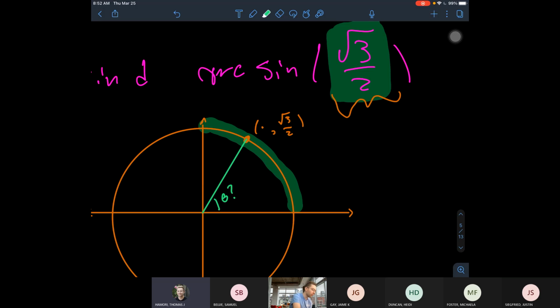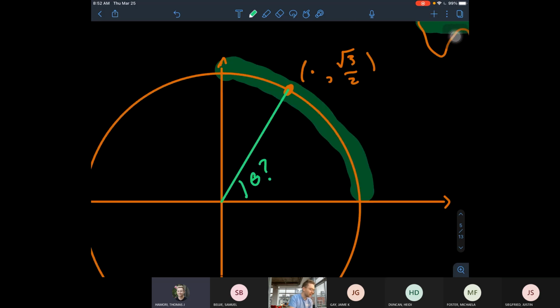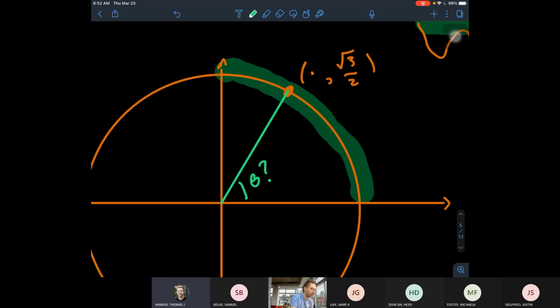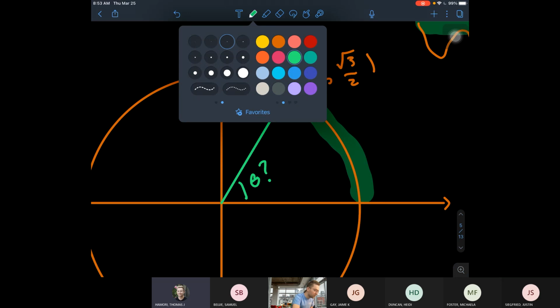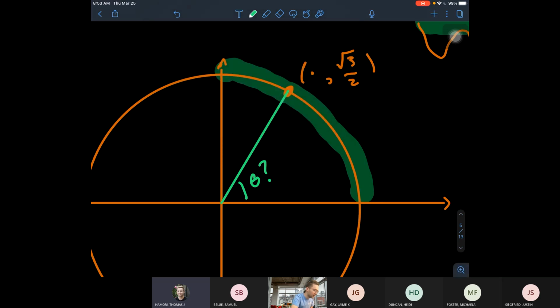What I'm looking for here is we should do what we almost always do once we have an angle theta pointing at a point on the unit circle. This is like screaming at us to drop a line and form a triangle. Just draw the triangle.